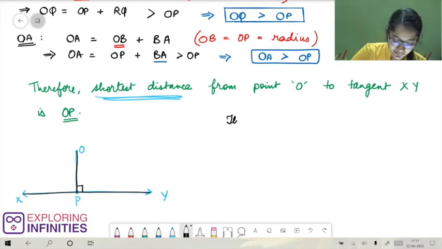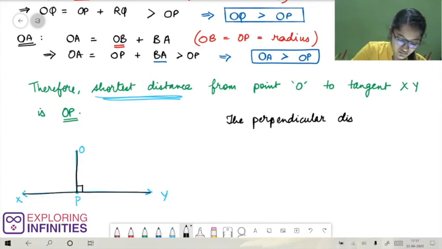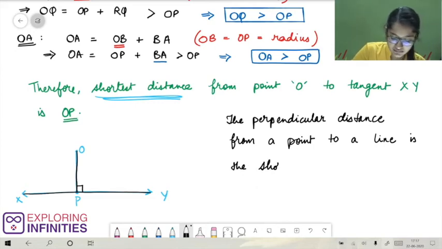That means the perpendicular distance from a point to a line is the shortest distance between them.